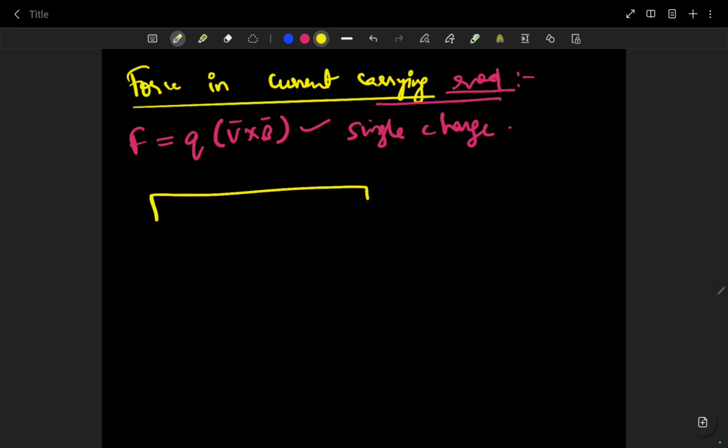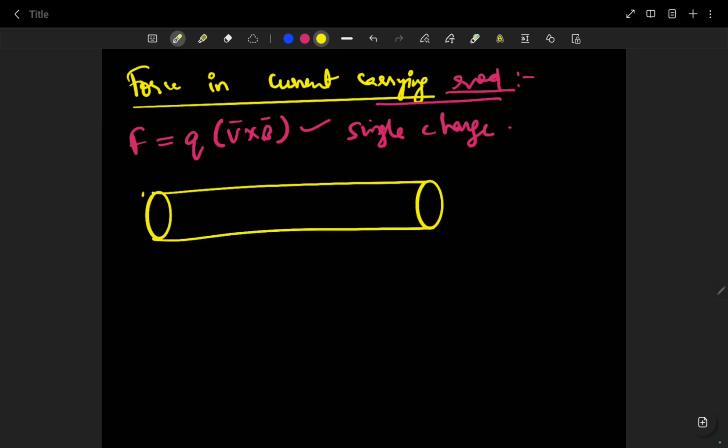So for a single charge there must be some other provision is what we are talking about. So let's take this rod. Let me just draw a proper diagram. Yes, so when you take this rod, maybe you can take N over here.